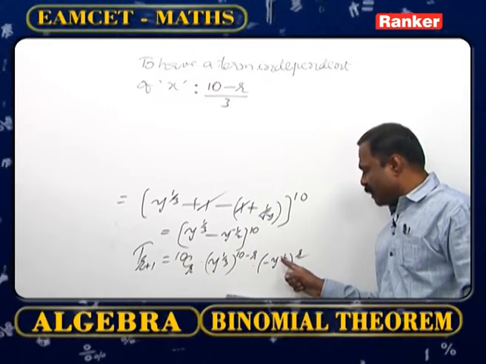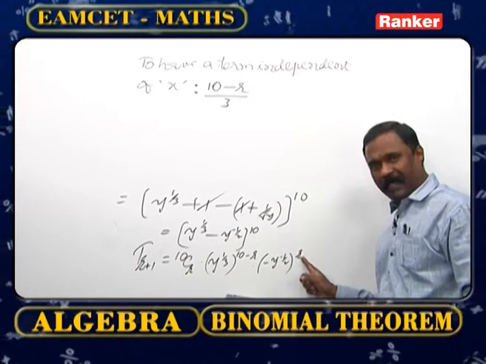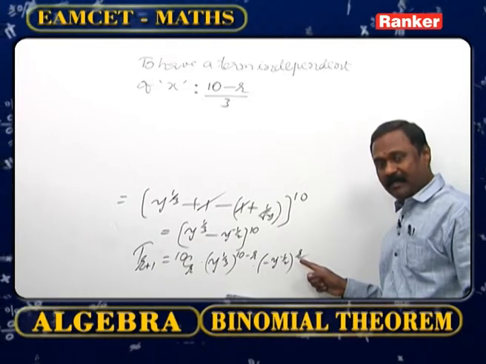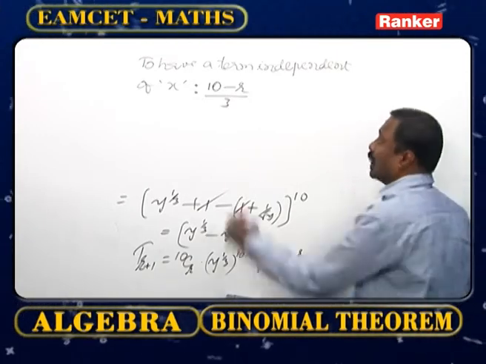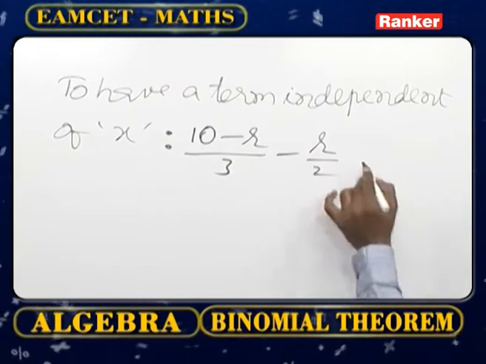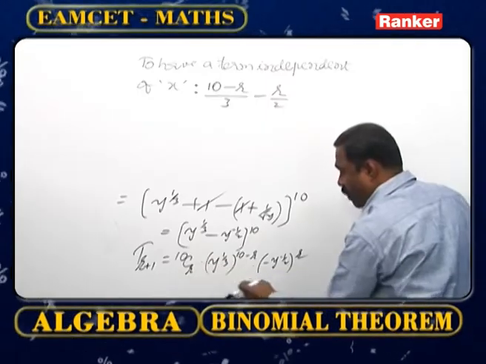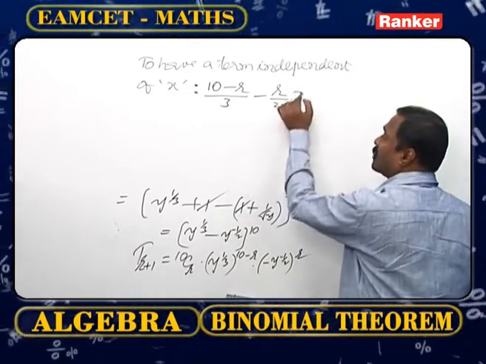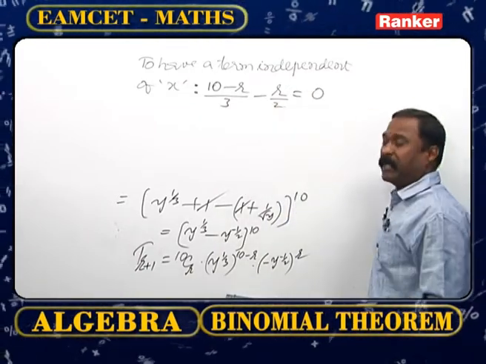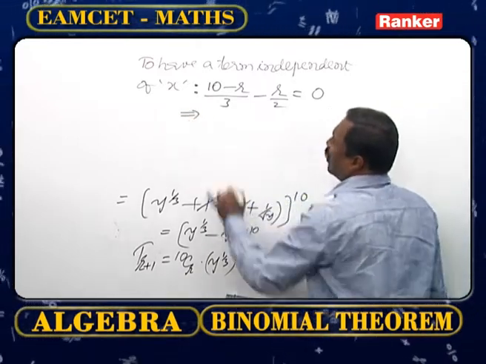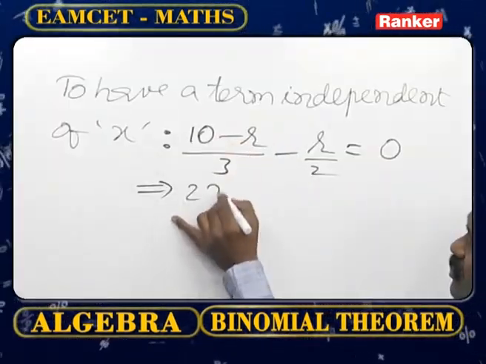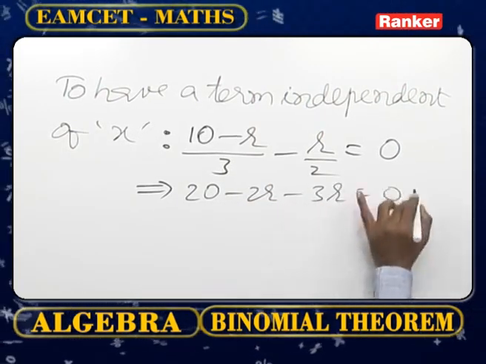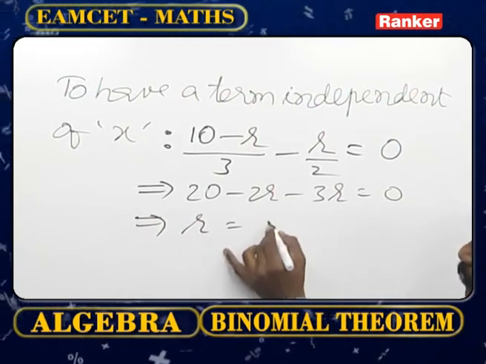And if you multiply this, a power m whole power n is nothing but a power m into n, the formula of indices. So what is it? Minus r by 2 will be added to this. It's the power of y taken together, and hence it becomes 0. If you take LCM and simplify this, it is 20 minus 2r minus 3r is equal to 0, and r is nothing but 4.